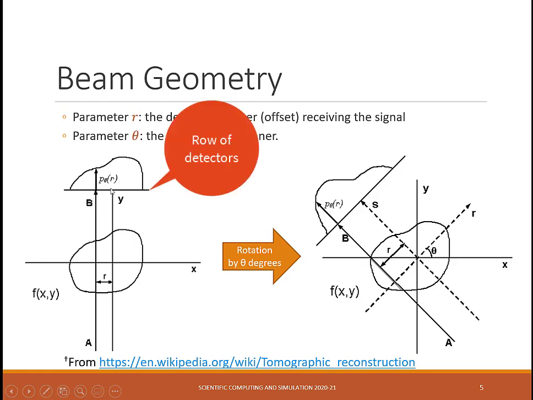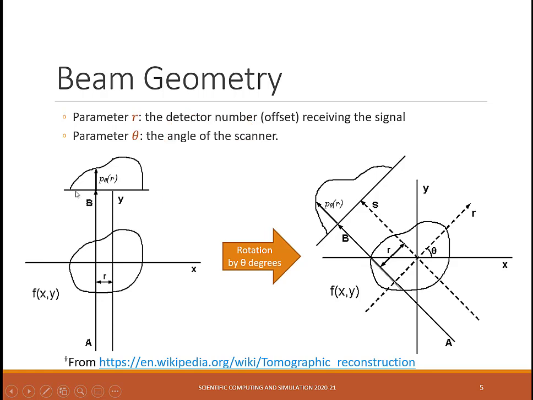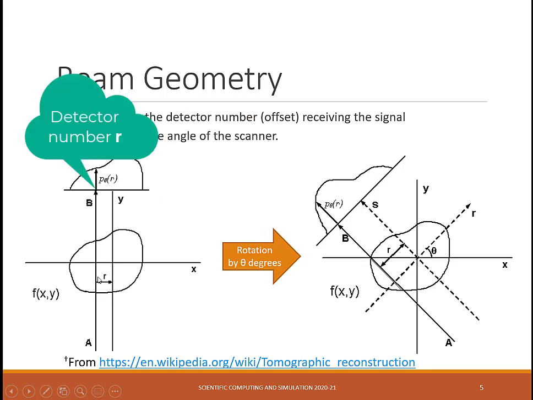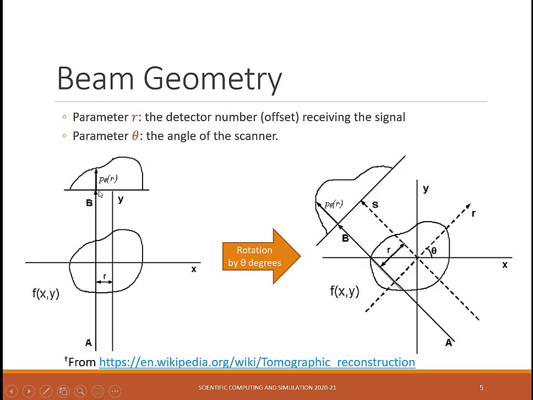There are several detectors on this row, each labeled by a number. We define the parameter r as the detector number that received the X-ray beam. In other words, the parameter r labels a particular detector based on its offset from the center of the row of detectors. As explained in the previous slide, the X-ray scanner rotates around the subject to obtain multiple projections from different angles.